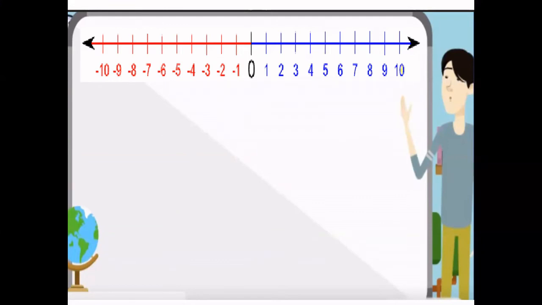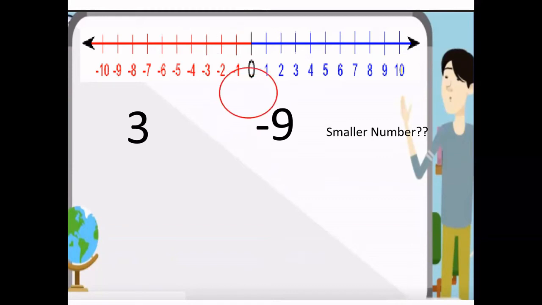On the other hand, numbers that are found on the left side are smaller. So which do you think is the smaller number, 3 or -9? Yes, it's -9, because it is found on the left of +3.